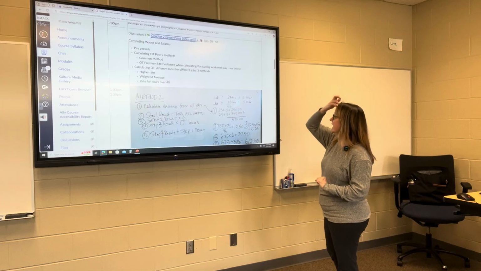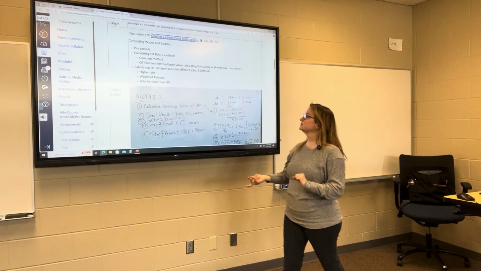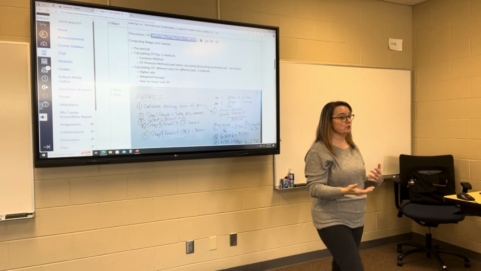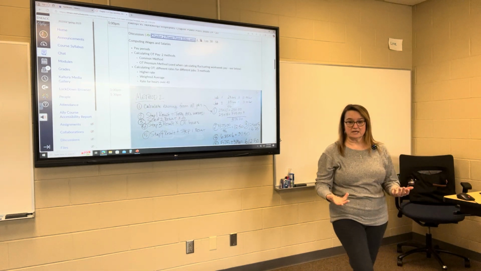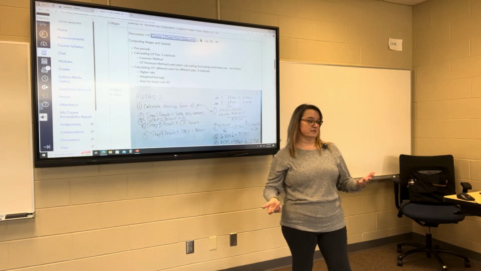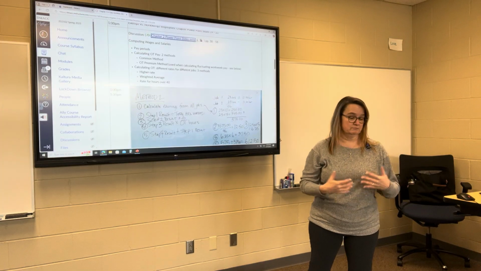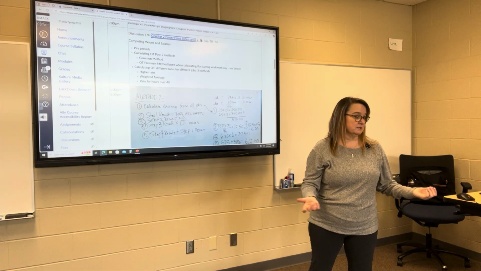We're also going to look at how we calculate overtime if we have an employee who has worked different jobs at different pay rates during the same pay period. For example, think of the restaurant employee.